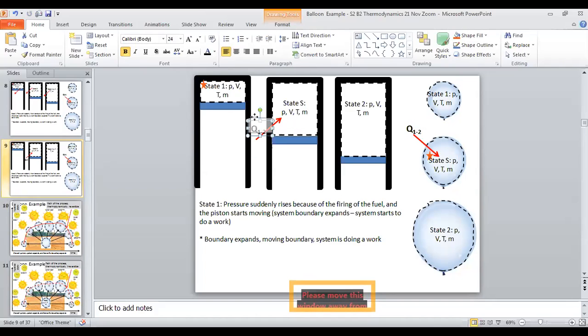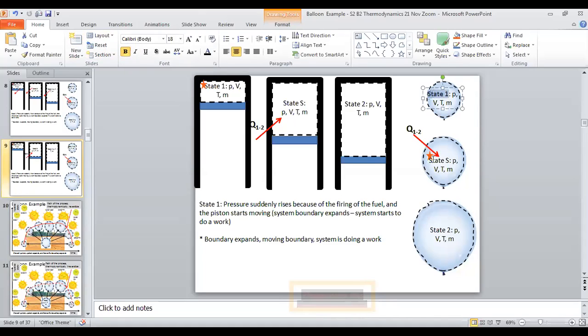So your Q12 is here. Okay, your Q12 is here. I hope you can understand. So it's the same thing here. Q12, state 1 to state 2, we call it 1 to 2.